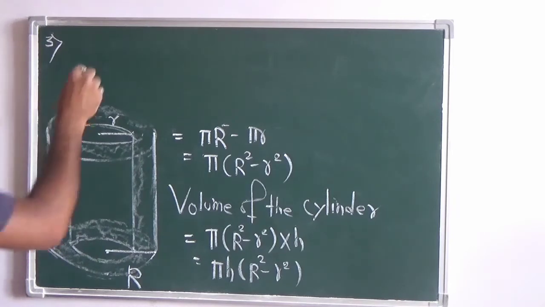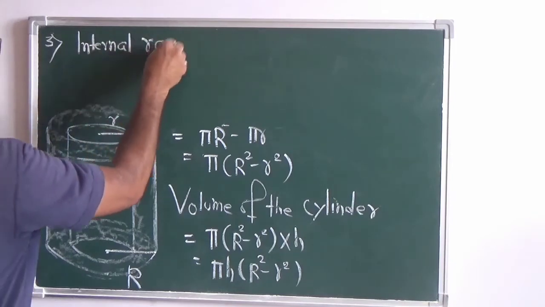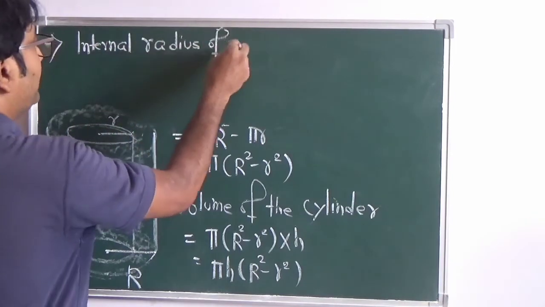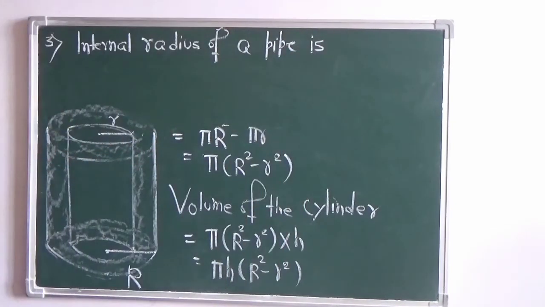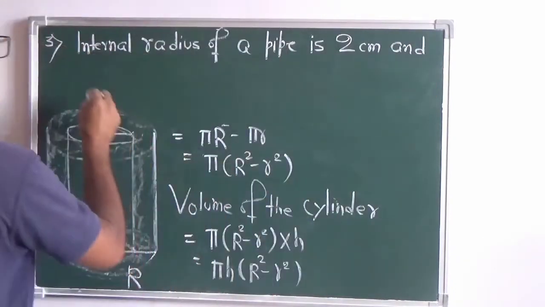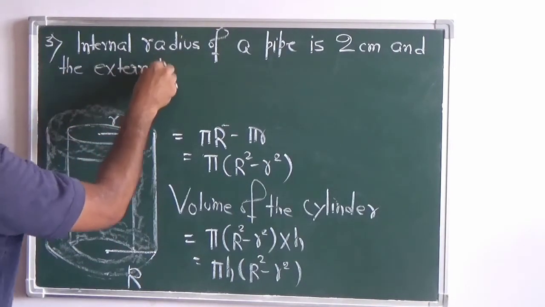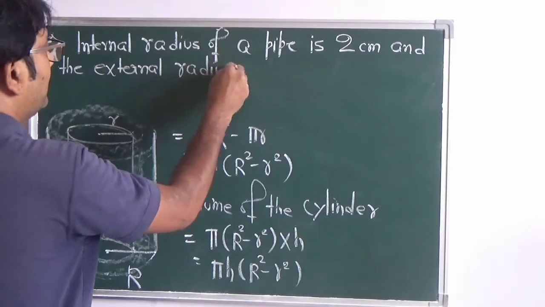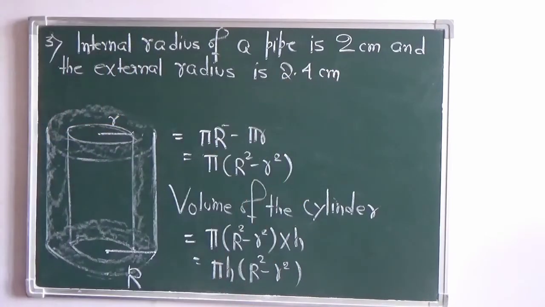The internal radius of a pipe is 2 centimeter and the external radius is 2.4 centimeter, and the length of the pipe is 10 centimeter.